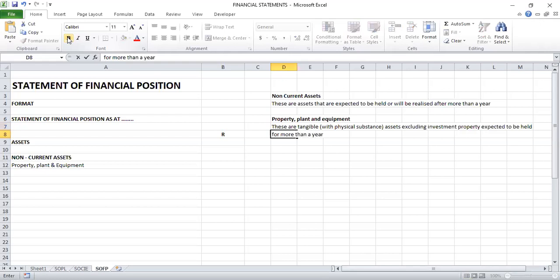So when we talk about property, plant, and equipment, we mean all the tangible assets, excluding investment property.